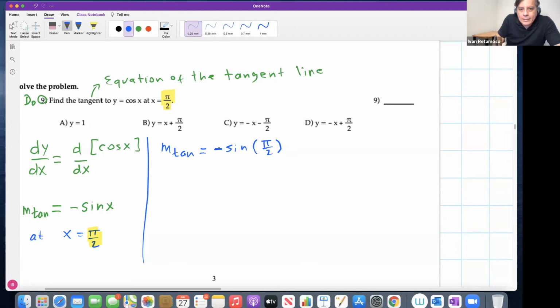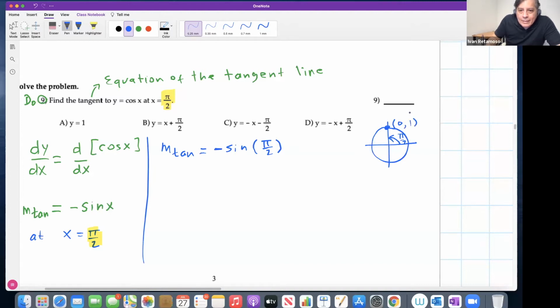What is negative sine of pi over 2? Well, if you want to do it using the unit circle, you need the coordinates of this point on the unit circle. For pi over 2, this is (0, 1).